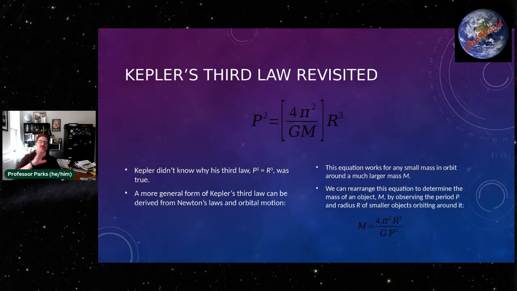Like I said, this generalizes to anything: the Earth going around the Sun, the Sun going around another star, two galaxies going around each other. It's amazing how this small equation describes the behavior of just about everything involving gravity in the universe, orbiting around one another. It's fantastic. I love it.